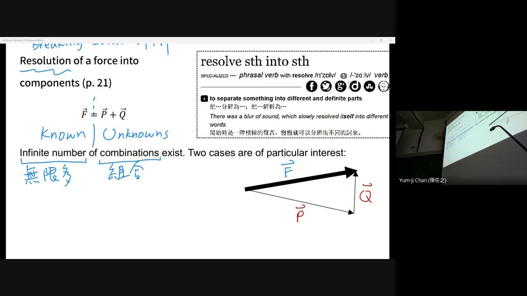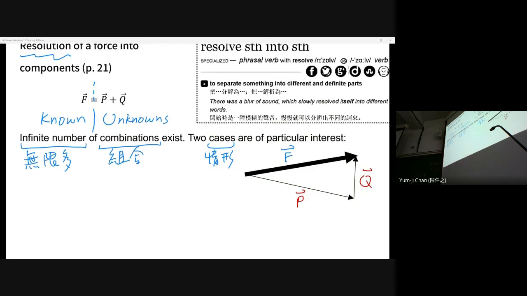So we have many ways to do this, but we will talk about two cases. One of them is either P or Q is known.